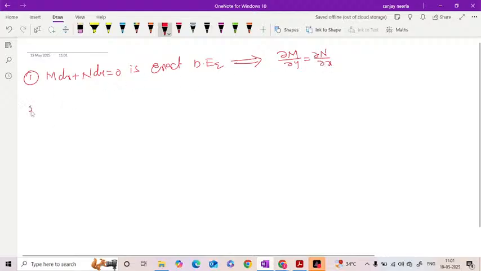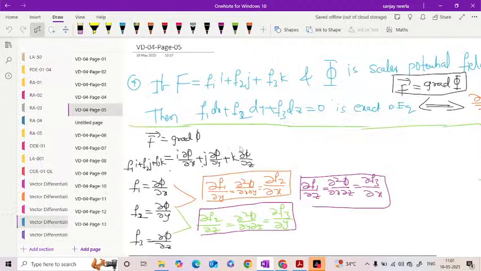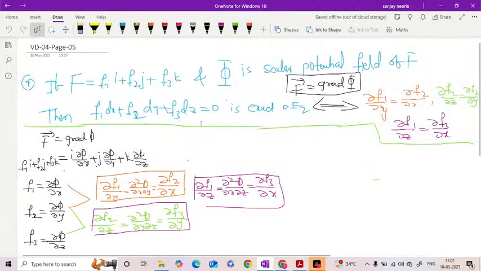And here also it is the same. Suppose f1 dx plus f2 dy plus f3 dz is equal to 0, assume it is an exact differential equation. What are we getting here? That means f is equal to gradient of pi, so f1 is equal to dou pi by dou x, f2 is equal to dou pi by dou y, and f3 is equal to dou pi by dou z.